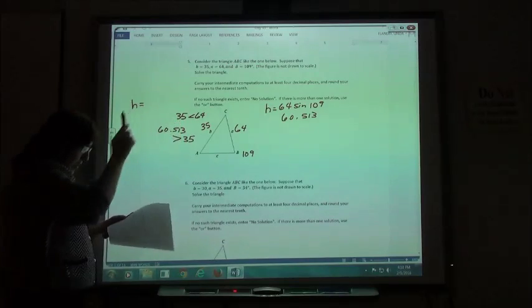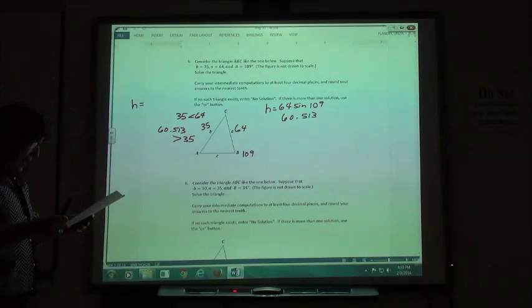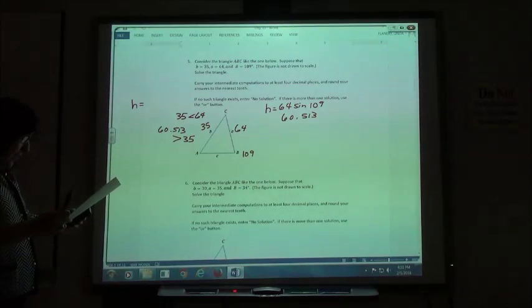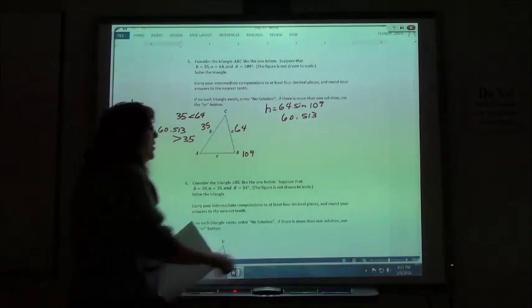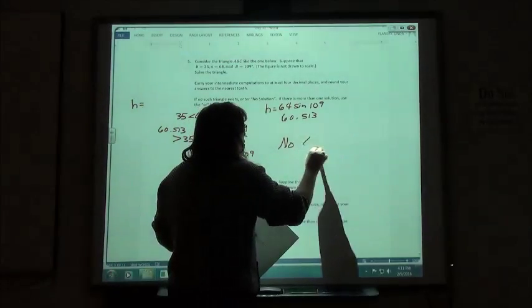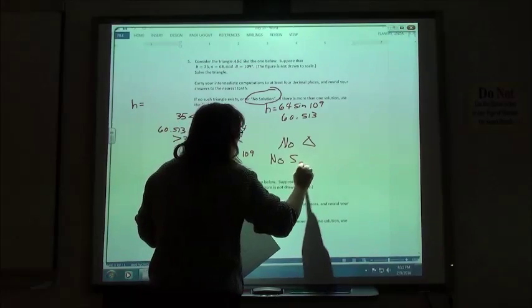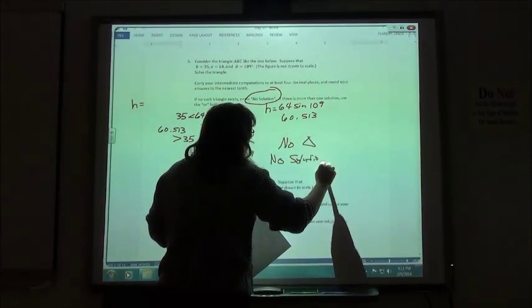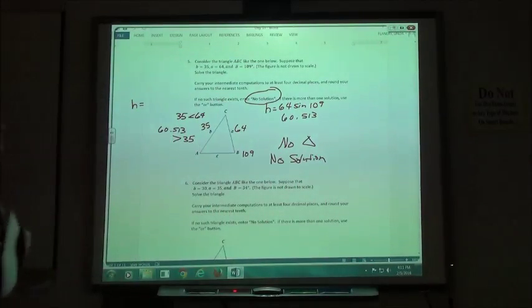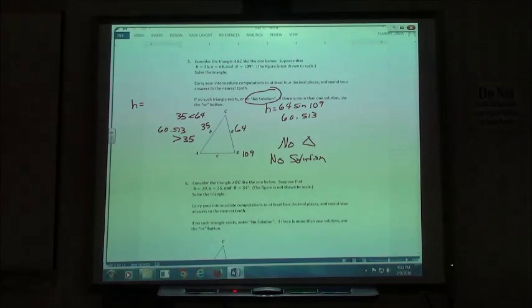So the opposite side was less than the adjacent side, and h is greater than the opposite side. We're going to end up with no triangles, so we are going to say no solution. Hey, that was a quick one because it followed the test. If I follow my test, I'm not going to have any triangles that work, so I have no solution.